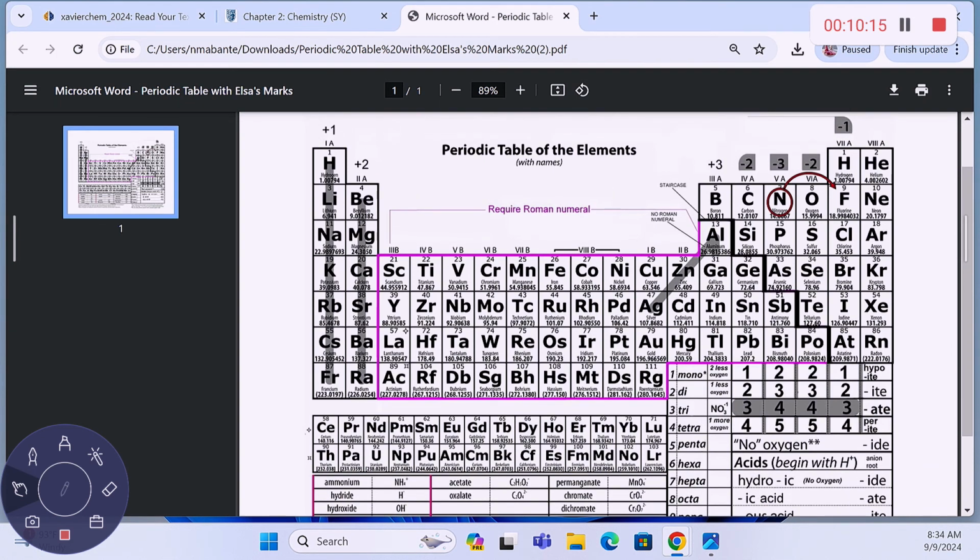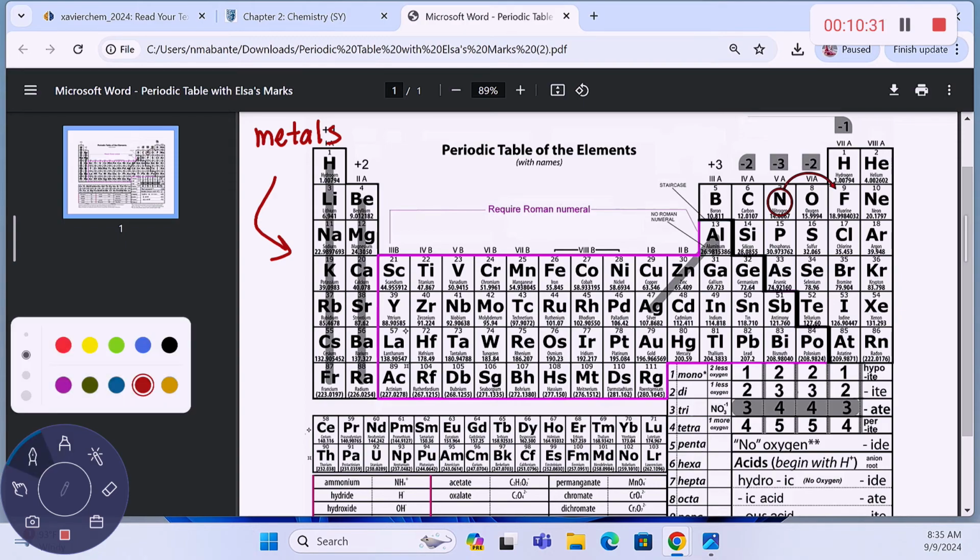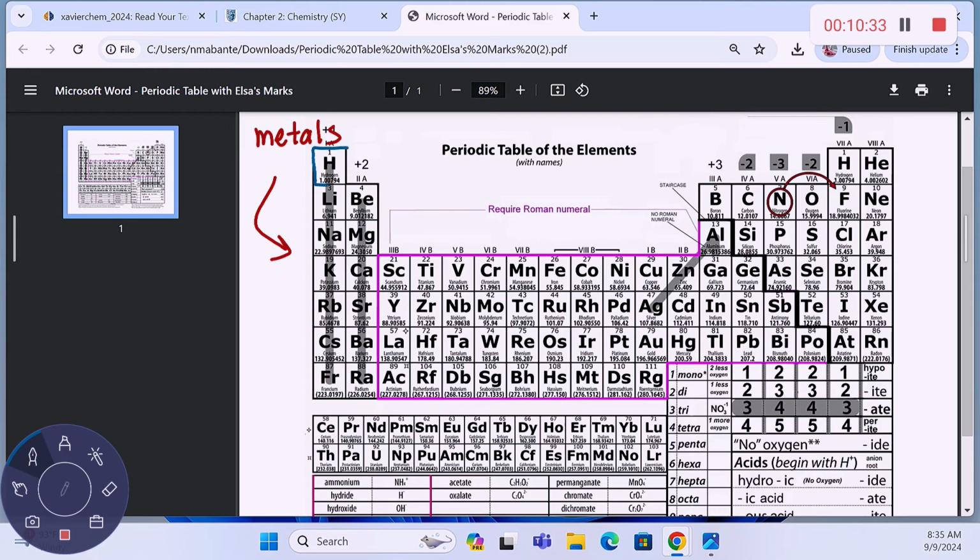Okay, so just to make sure you understand, you need to color the metalloids, non-metals, and metals. So your metals are all over here, excluding hydrogen. What I'm going to do is make a note that this is a non-metal.